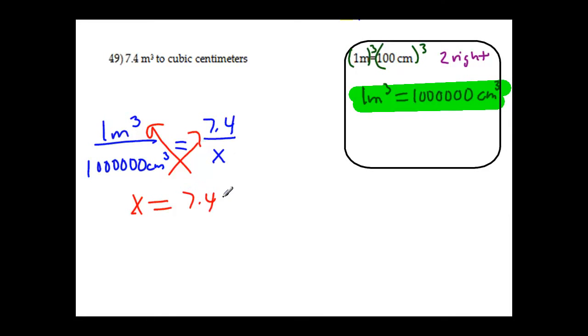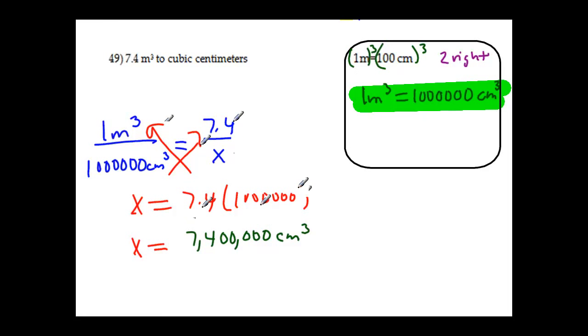We have 7.4 times 1,000,000. Again, you can check this in your calculator, but basically when we're multiplying here, it gets rid of one of the zeros with the decimal place. So we're going to have 7,400,000 centimeters cubed.